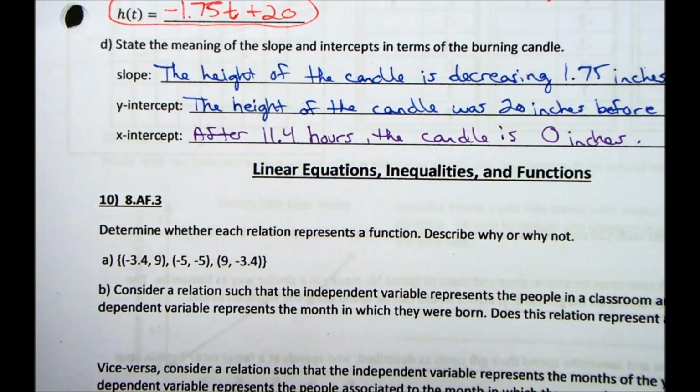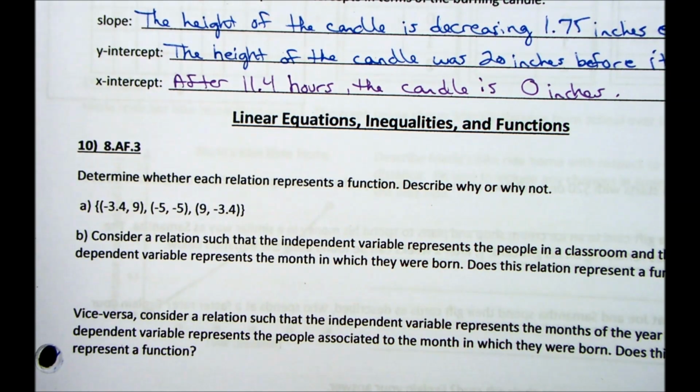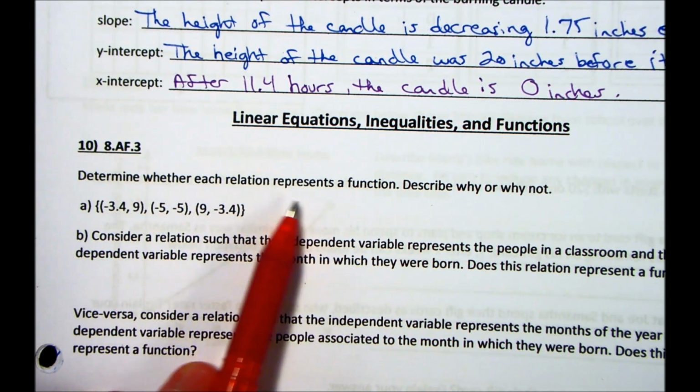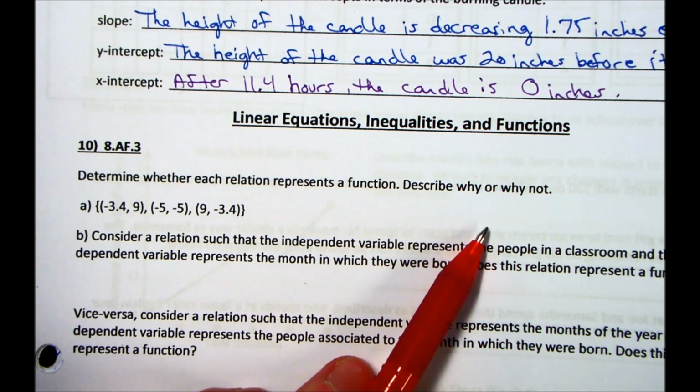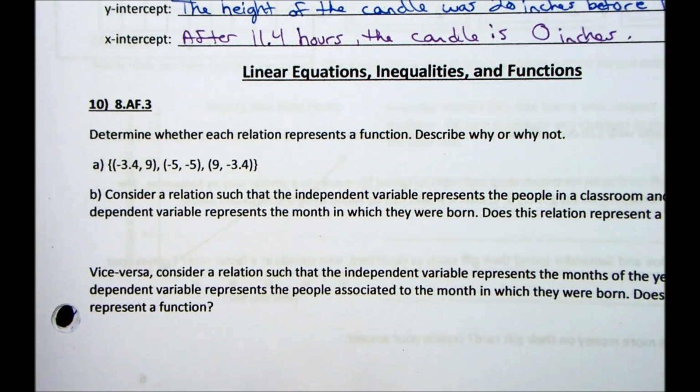All right, so again, these problems were from the Indiana Department of Education website, along with the standards that are the critical standards. So determine whether each relation represents a function, yes or no. When you're determining whether something is a function or not, you're looking at basically the x values or the domain.